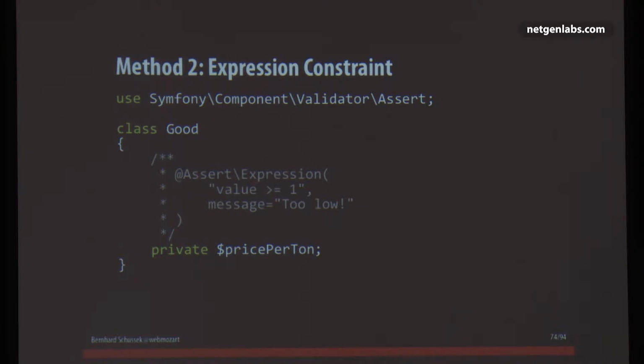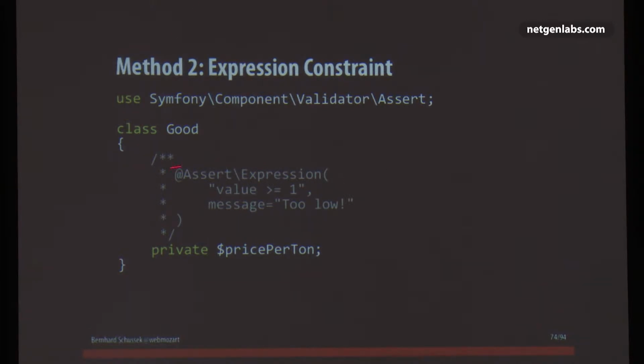Symfony, I think 2.4 or 2.5, I don't remember, no, 2.3 or 2.4, introduced a new component that is called expression language. 2.4? Alright. And basically that language is a subset of Twig. If you have Twig conditions, like if, and so on, then these conditions are more or less identical to what the expression language does.